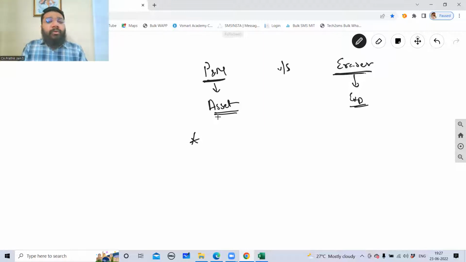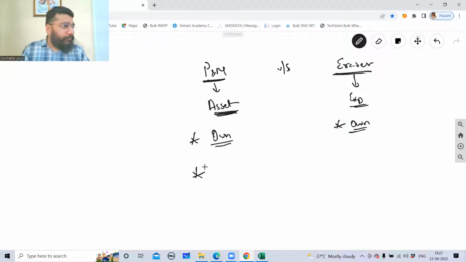So for something to be treated as an asset, you should own it. Plant and machinery, I own it. Eraser also, I own it. Anything that you own is an asset. Second, Vishti is saying, sir, the eraser is not going to generate income.